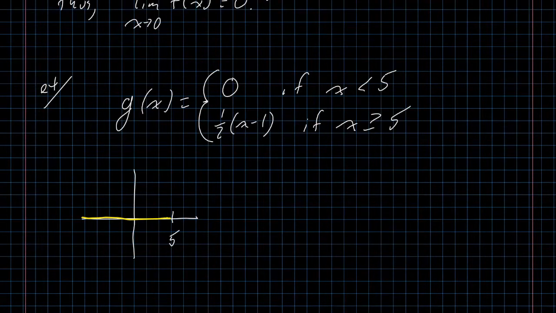Let's see, when x is 5, x minus 1 is 4, half of 4 is 2, which will be a point right there, and slope of 1/2, which kind of does something like that. And we can see here that this function has a jump discontinuity. It moves from this to that without hitting any of the stuff in between.